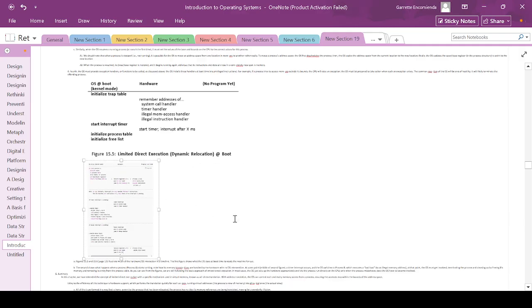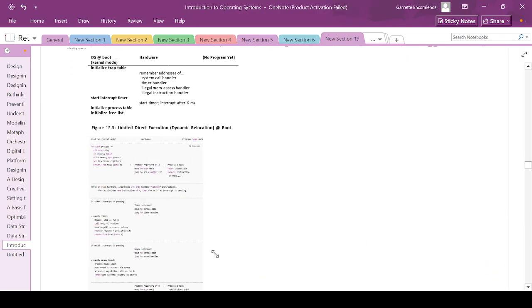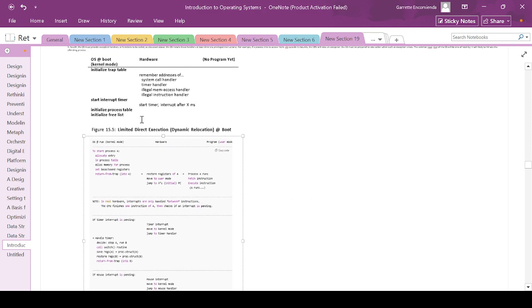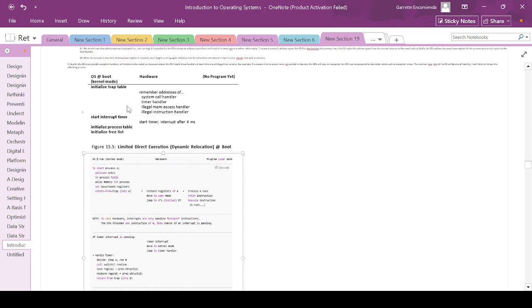So here is how we register that at boot time. Initialize the trap table, and the OS remembers the addresses of the system call handler, timer handler, illegal memory access handler, and illegal instruction handler. Then the OS starts the interrupt timer, so there will be an interrupt every some milliseconds.